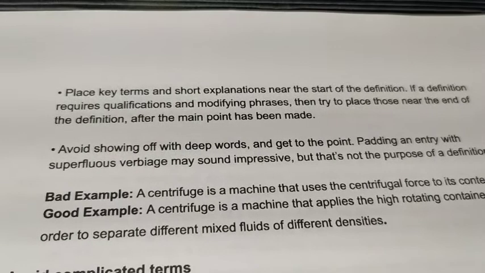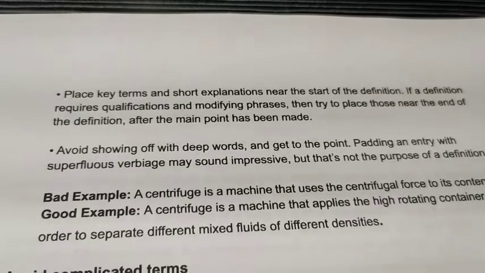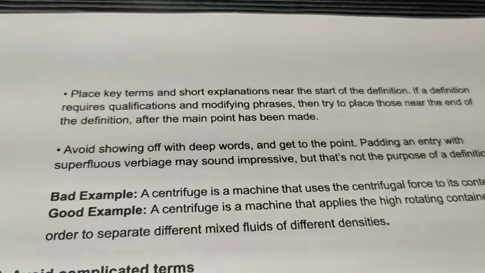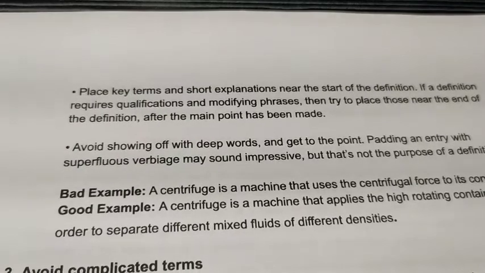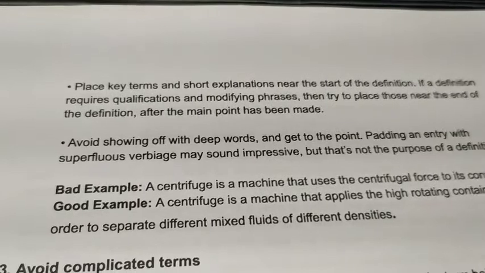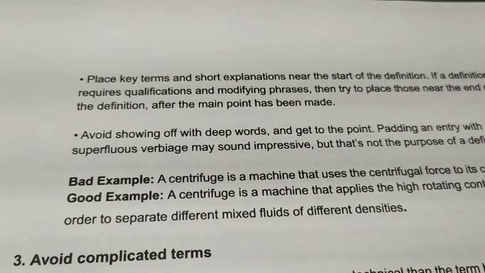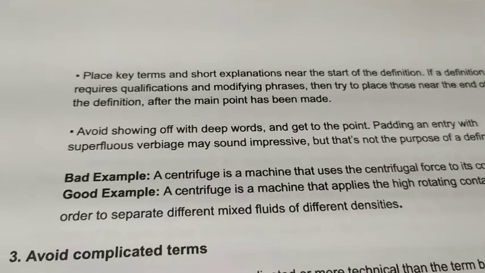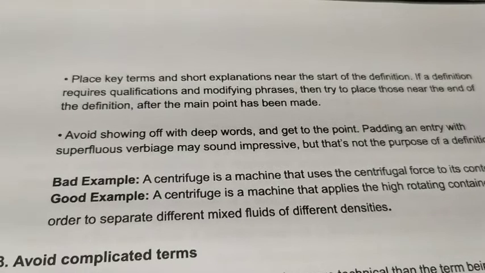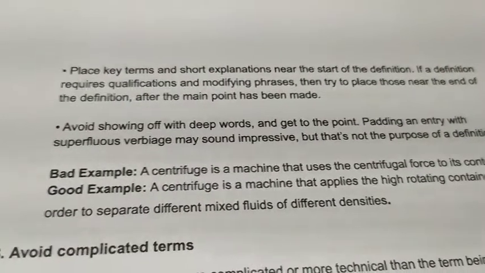For example, the term and the main definition, you should put them together and do not put any words that you want to add in the sentence but are not major or are just minor information. You should always put those sentences or ideas at the end, but make sure that you place the main definition with the given term.